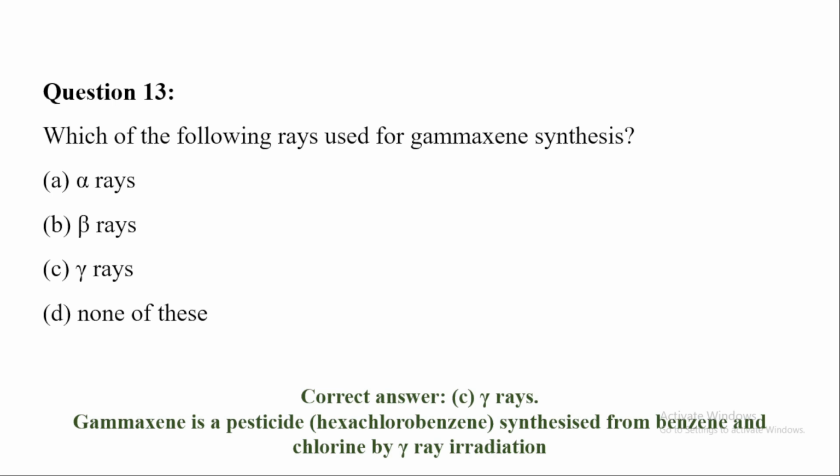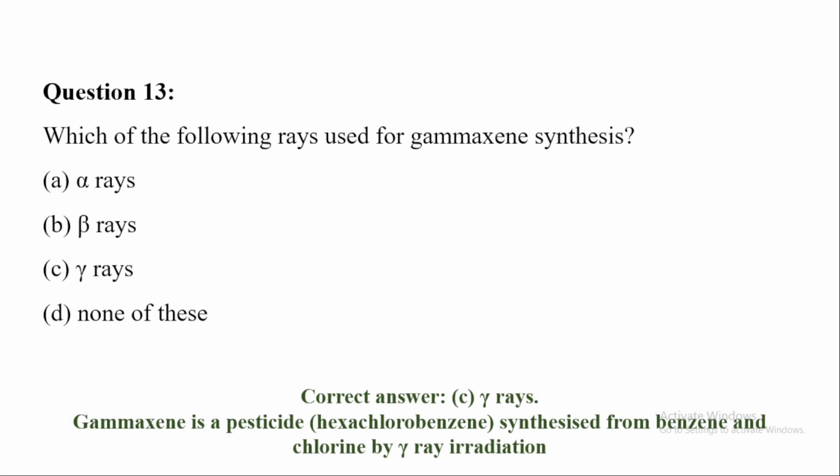What is it exactly? It is actually a pesticide. The chemical name for the pesticide is hexachlorobenzene. So you have a benzene with chlorine substitution on all 6 carbons. This hexachlorobenzene is synthesized from benzene and chlorine by gamma irradiation.